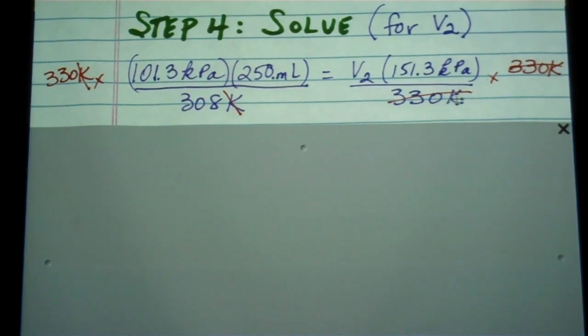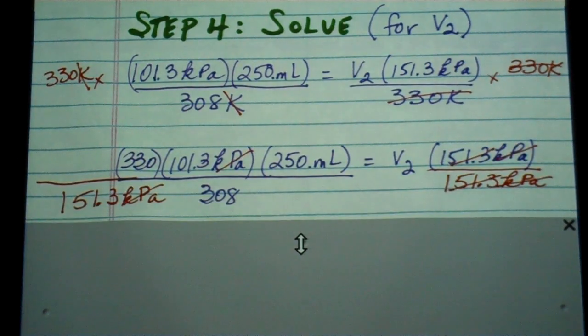Now we want to get rid of this next value, which is the pressure value. Since they're multiplying V2 times 151.3 kPa, we're going to divide both sides by 151.3 kPa. And this is how you do it. Dividing both sides by 151.3 kPa. The kPa on this side here is going to divide out on your left.